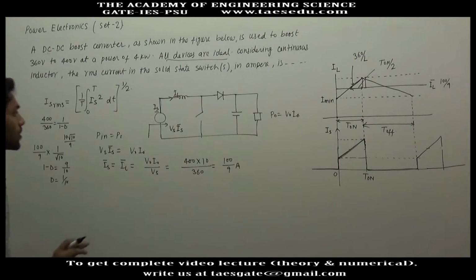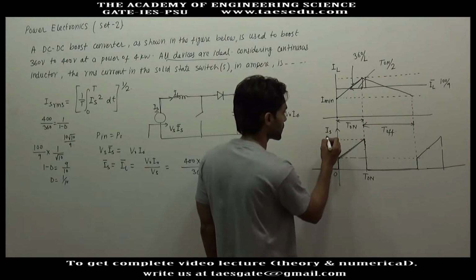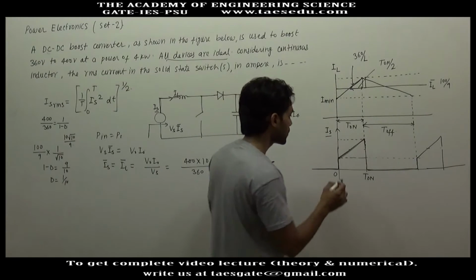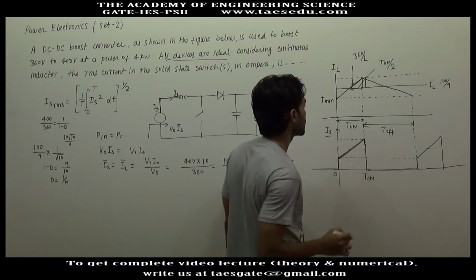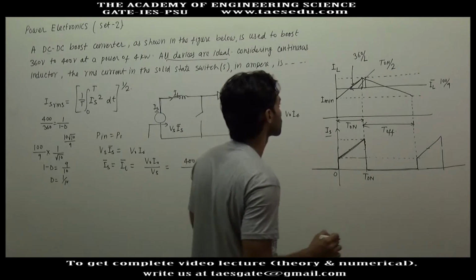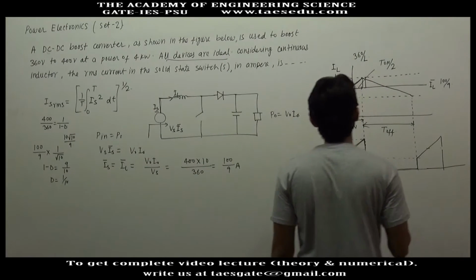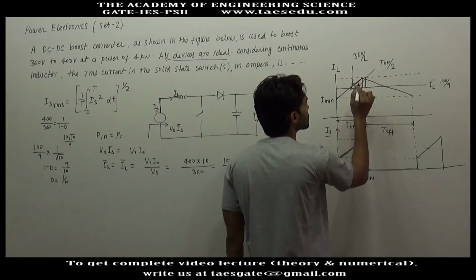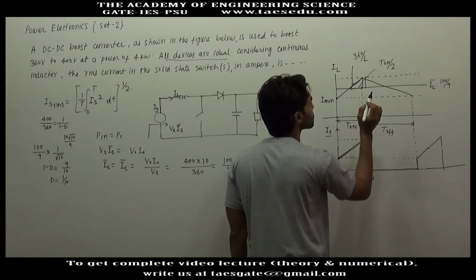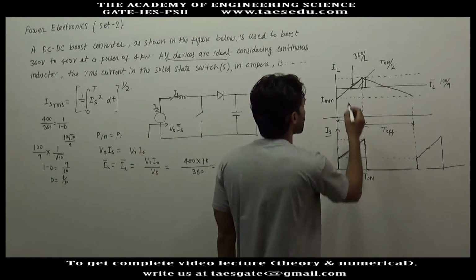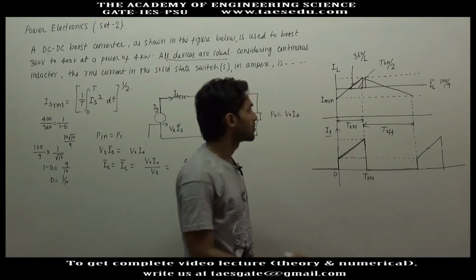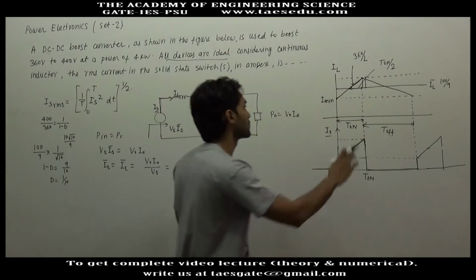So to find out the RMS value of switch current, we need to find out the equation of this line. Along with the slope, we have the average value, but this is not sufficient on its own.